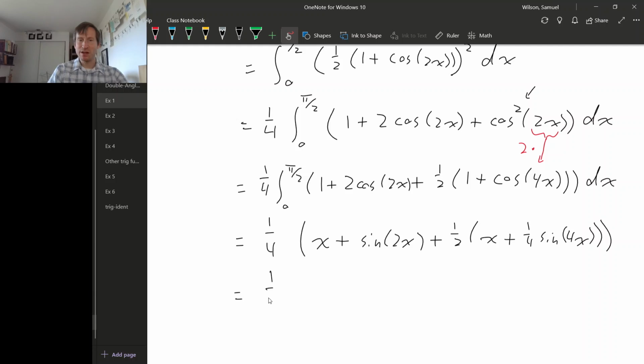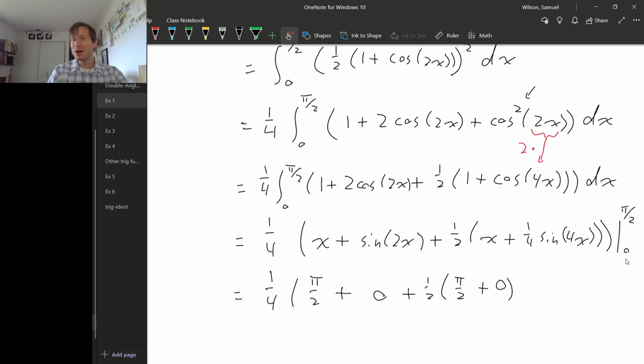Okay, now we need to plug in our bounds. This is from 0 to pi over 2. When we plug in pi over 2, we get a pi over 2 from this x here, plus sine of pi is 0, so this part goes away, plus 1/2 times pi over 2, plus, and then this sine part also gives us 0.